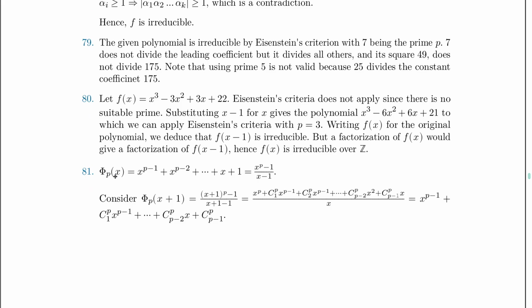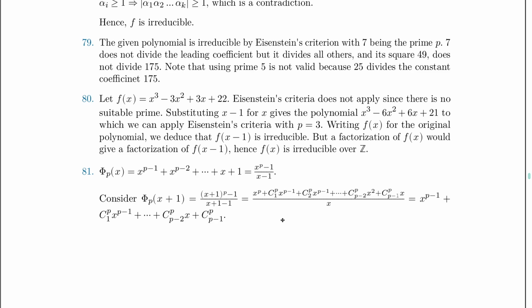And then we substitute x plus 1 for x. And then it becomes x plus 1 whole to the power p minus 1 divided by x plus 1 minus 1, which gives us finally x to the power p minus 1 plus combination of 1 out of p, x to the power p minus 1 and so on.